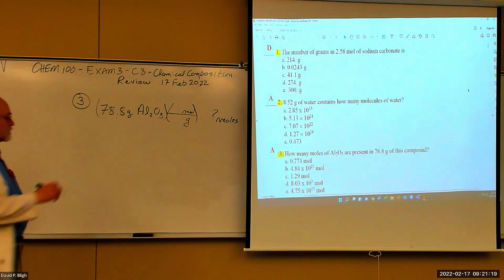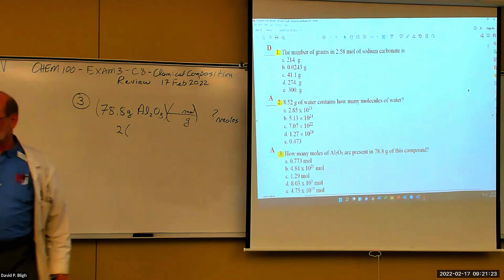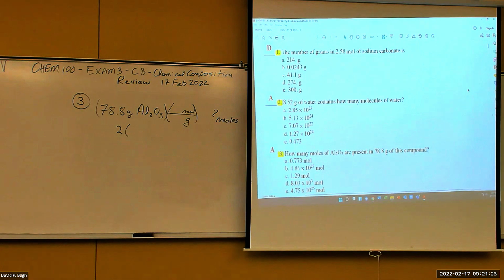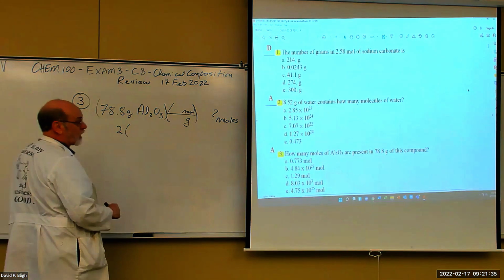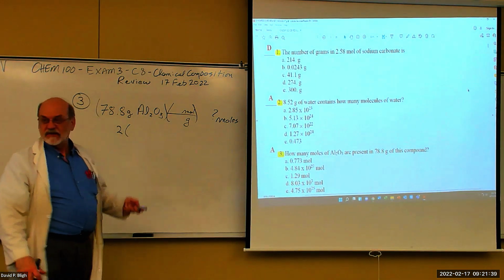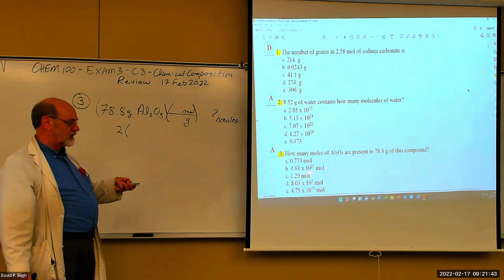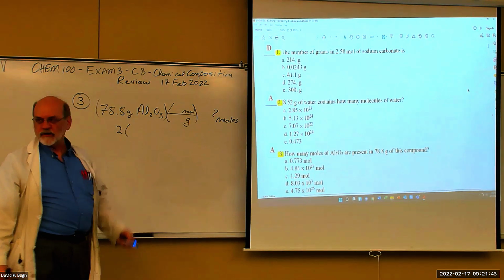We know 2 times aluminum. We have to look up aluminum. Rounded off, 26.98. You could probably deduce the right answer here from 27 because you have choices, and only one of them is probably going to be close enough.